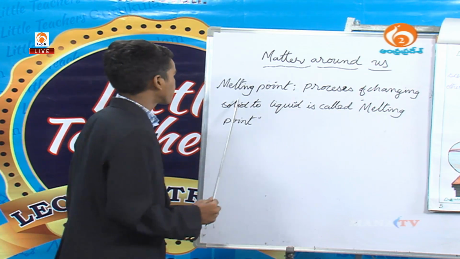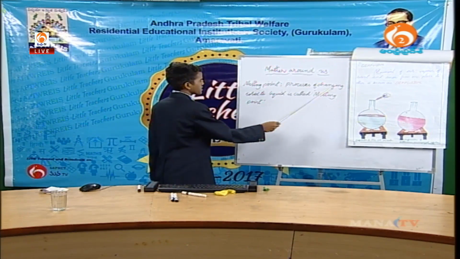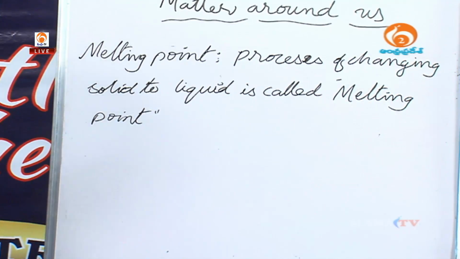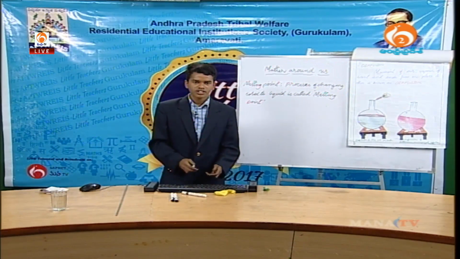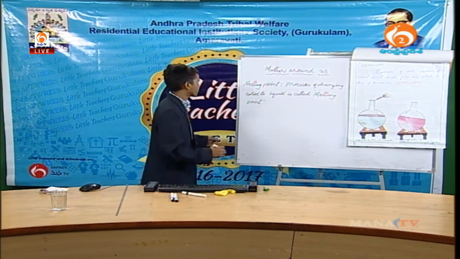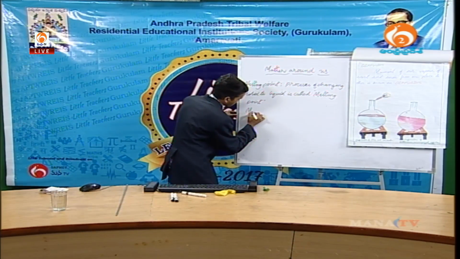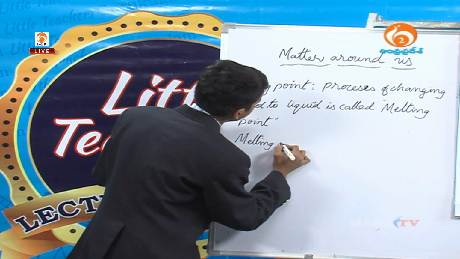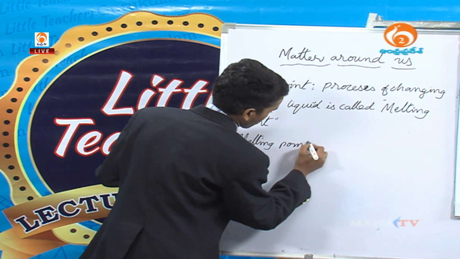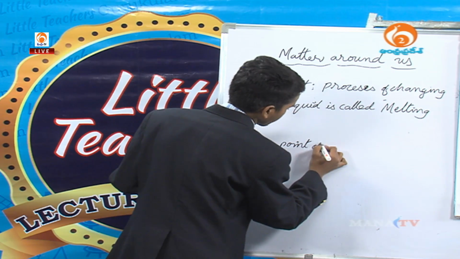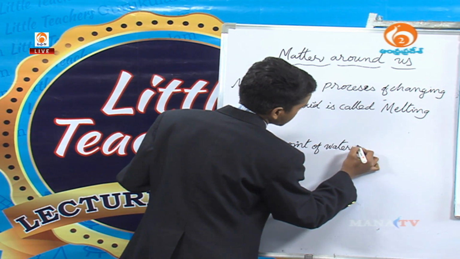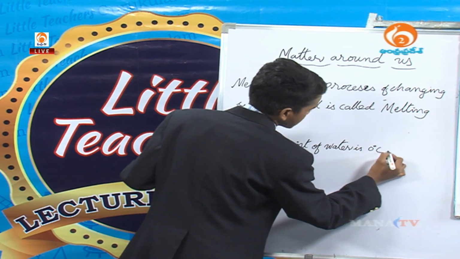Okay, see here, the process of changing solid to liquid is called melting point. The melting point of water is 0 degrees Celsius.